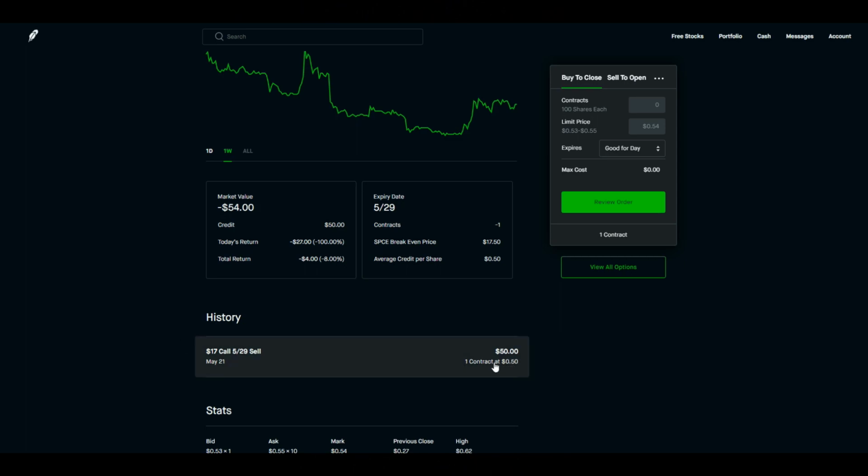But see, this is what happened. I sold my contract for $50 on May 21st. This is the price right now. The buyer could sell this contract to someone else for $54, and he'll take home $4. The $50 I collected is guaranteed money, and this premium I get to keep no matter what. Whether the strike hits $17 or not, I get to collect this premium on top.